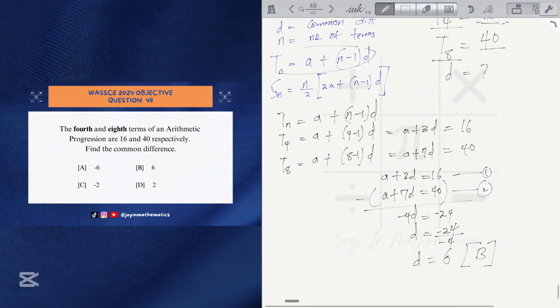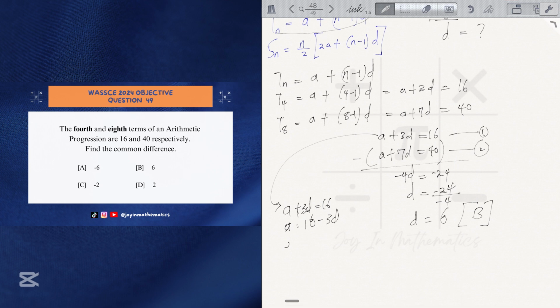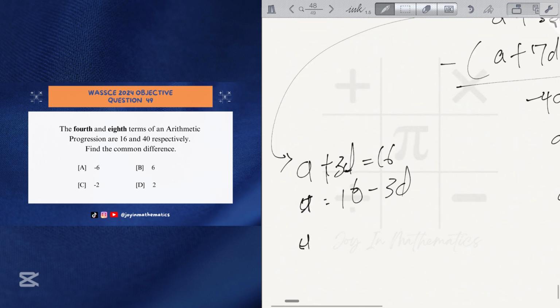We can also decide, maybe the question asks us to find a, so we'll just find a from equation 1, a plus 3d is equal to 16. So we make the substitution that a will be equal to 16 minus 3d. So therefore a, the first term, is equal to 16, and wherever we see d, we substitute the value of d. d is equal to 6.